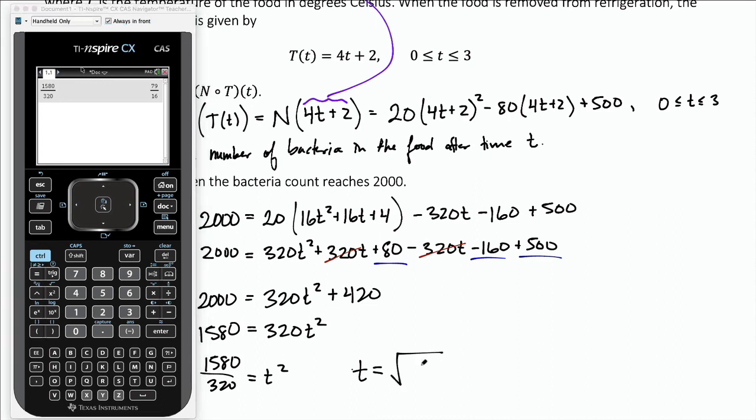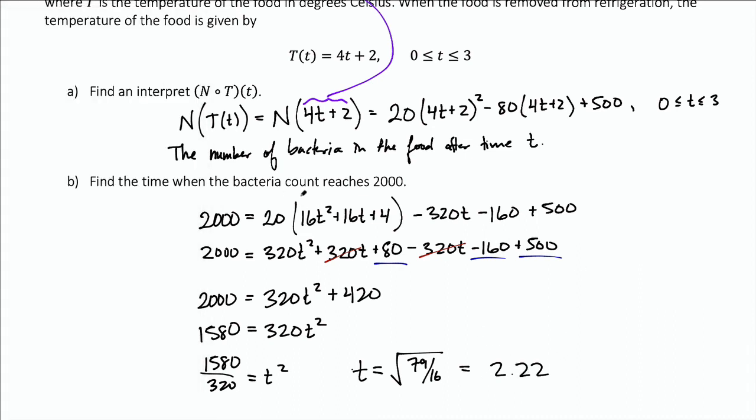So square root of 79 over 16. I'm going to hit Control Enter to give me a decimal, and I'll round that to 2 decimal places, 2.22. So there's our time when our bacteria count reaches the 2,000.